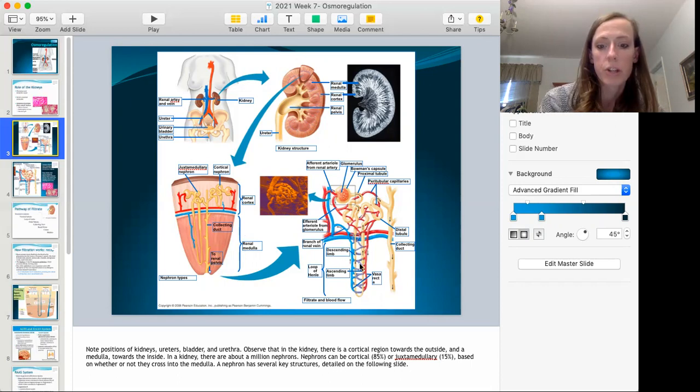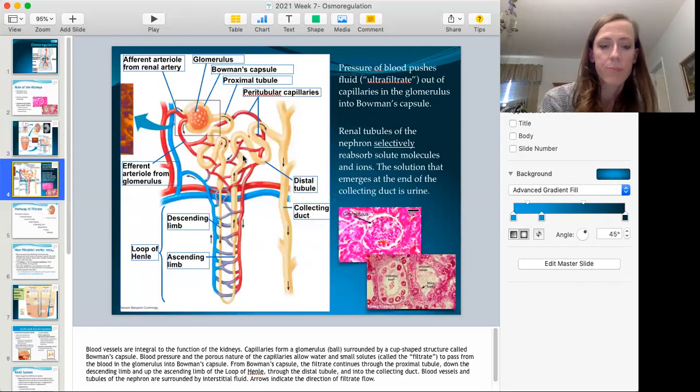So this is a picture of a nephron. I have it a little bit larger on the next slide, so let's look at that. Okay, so this is a juxtamedullary nephron. And these are largely responsible for maintaining the blood osmolarity that is able to be more dilute.